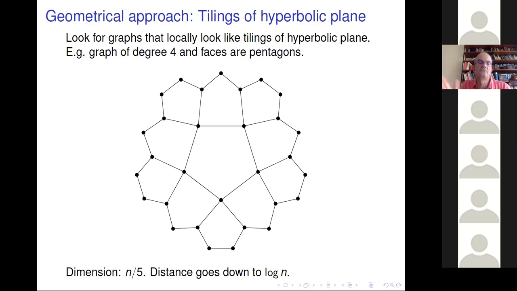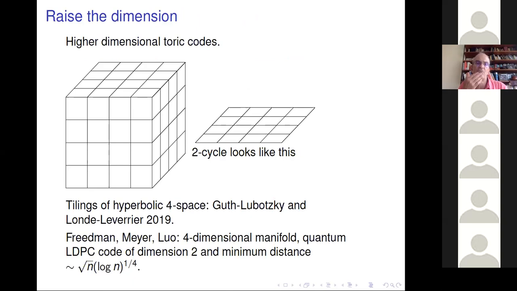We get a graph which looks like this. This time the 2-dimensional objects are pentagons rather than squares. We get a dimension which scales linearly in n, but the minimum distance goes down to log n.